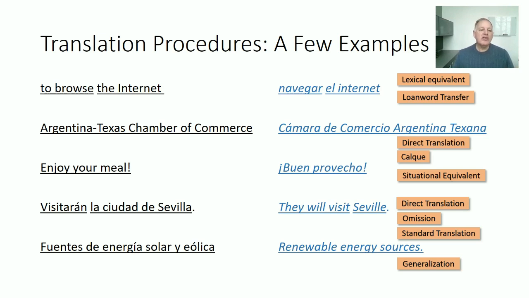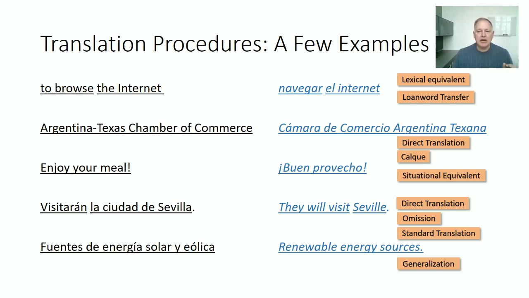Okay. What if I come across a source language or source text unit like the Argentina, Texas Chamber of Commerce, and I decide to translate that fairly literally, directly, just making adjustments for the target language syntax and grammar structure requirements. So I say Chamber of Commerce is Cámara de Comercio. That in and of itself is a standard translation, lexical equivalent, if you will, for that phrase.